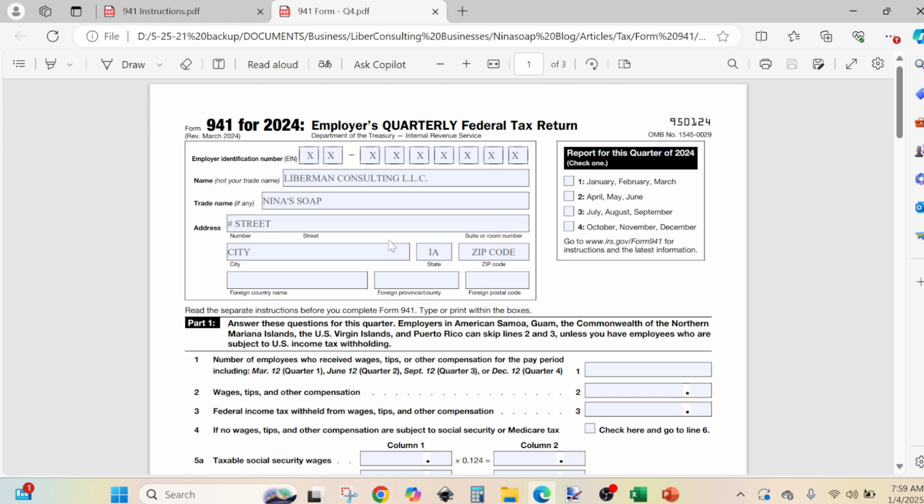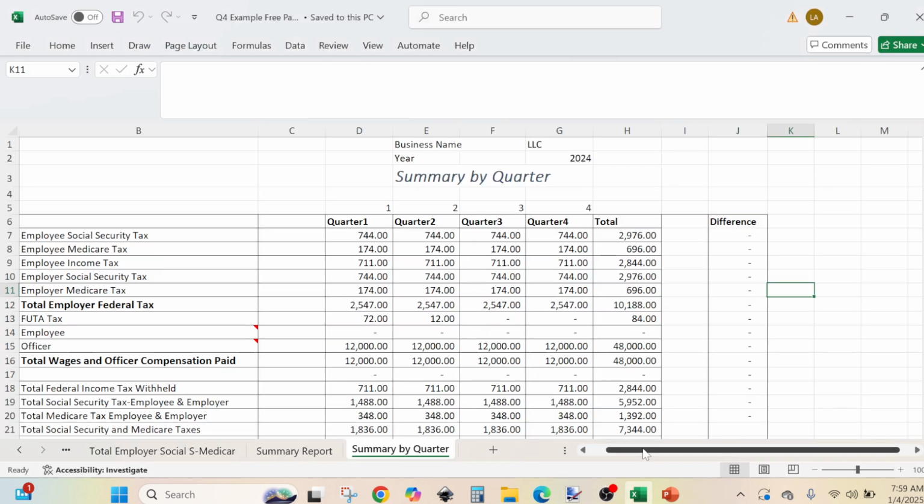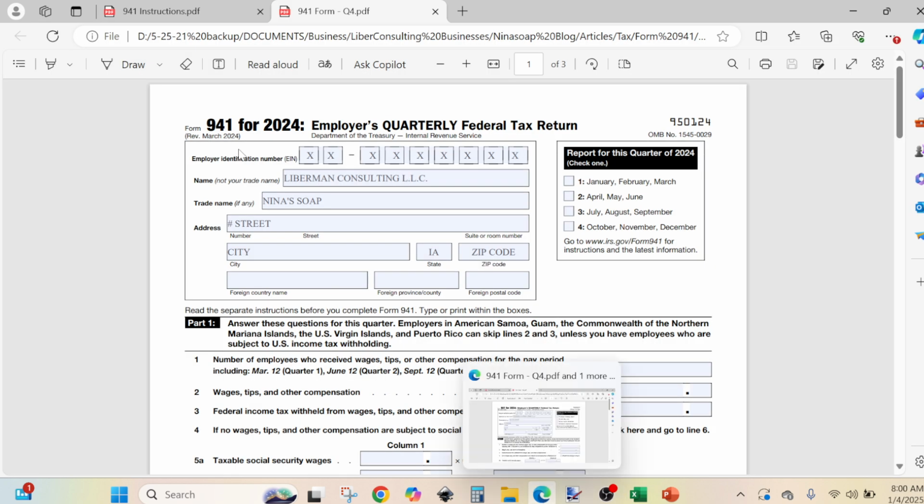So you'll have the instruction, you'll have the form, and the third thing that is important to have is your payroll record. So we have an example here that we are going to work with. And when you open Form 941, which is a quarterly federal payroll tax return, you'll enter your business identification number.